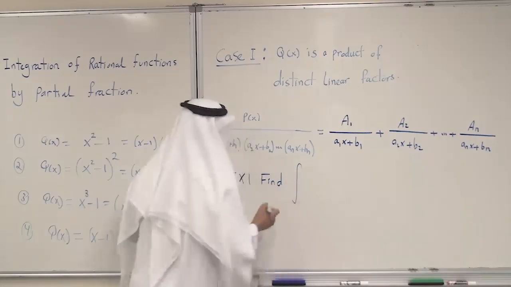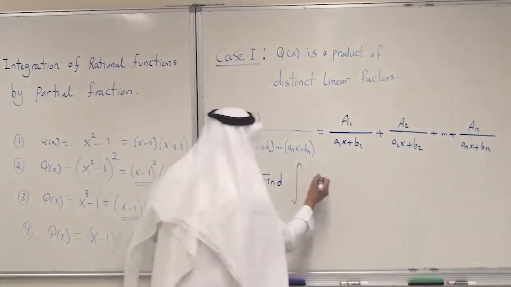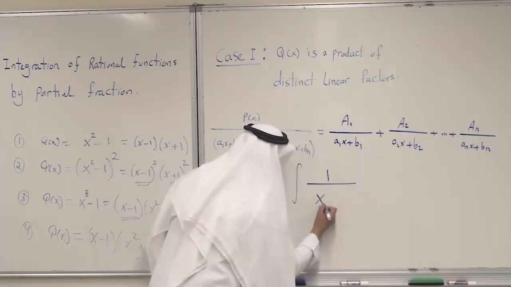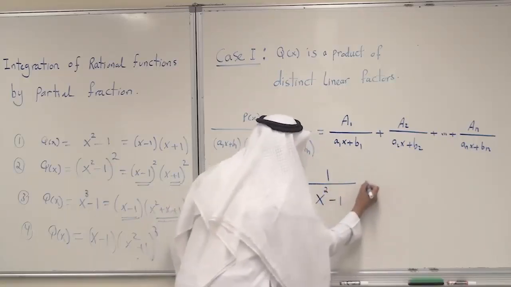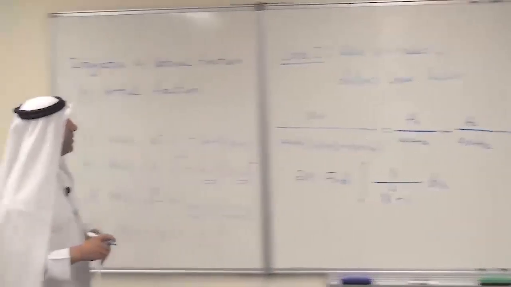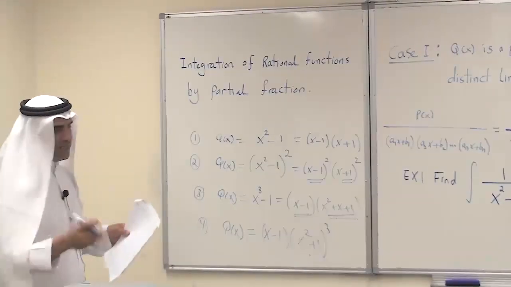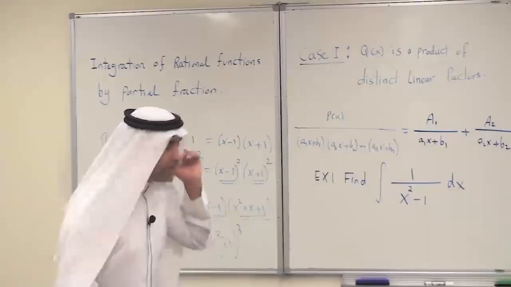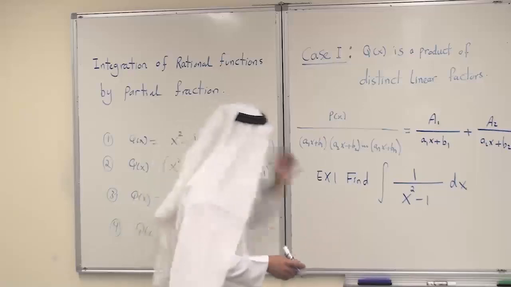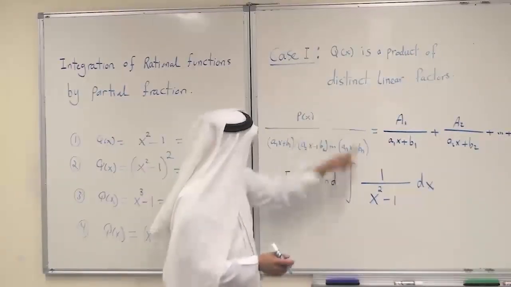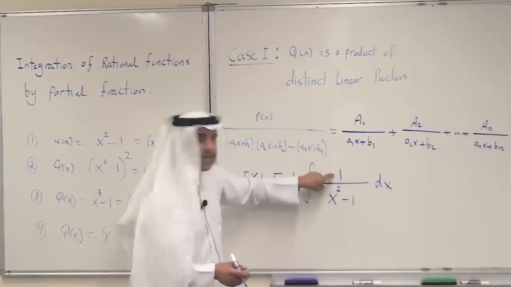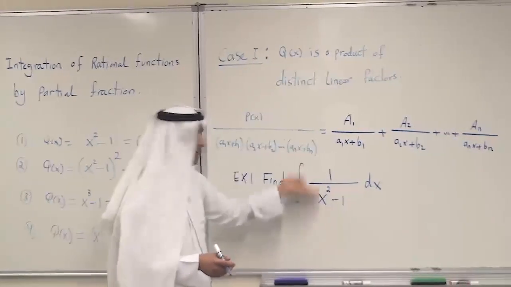Integral of, let us say, just for simplicity, to explain this idea, 1 over x squared minus 1 dx. Very simple exercise. How to integrate such type of functions? Let us see our assumption first. Before we go to the procedure here, I need to make sure that the degree of the denominator is larger than the degree of the numerator, which holds true here.